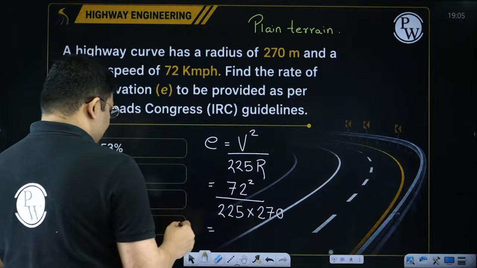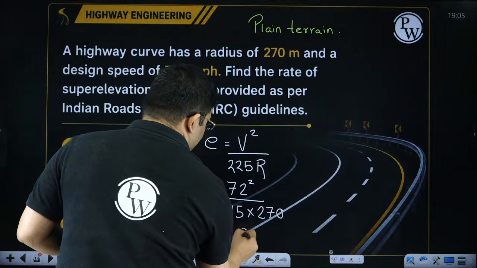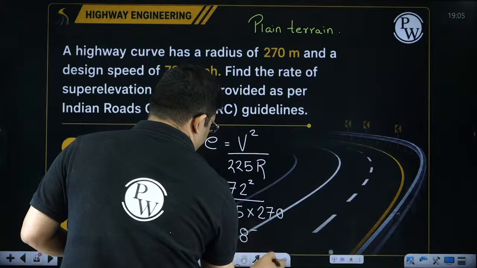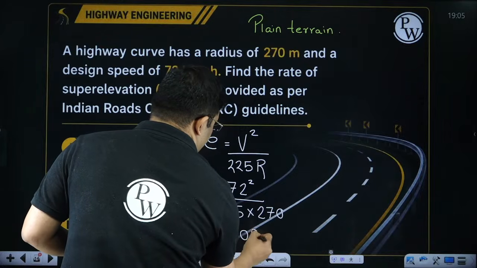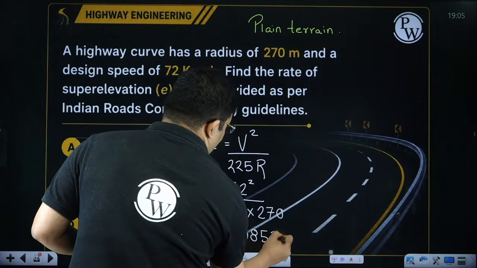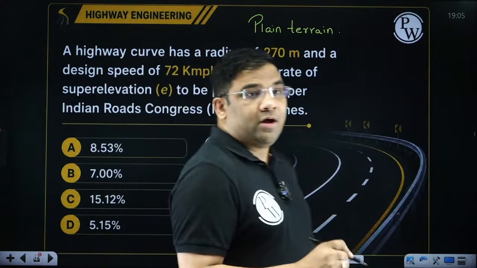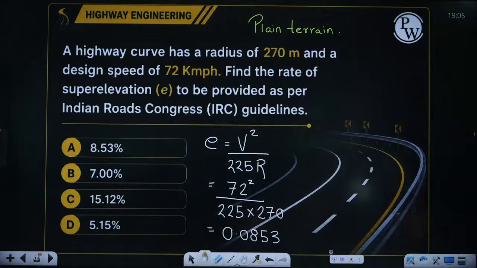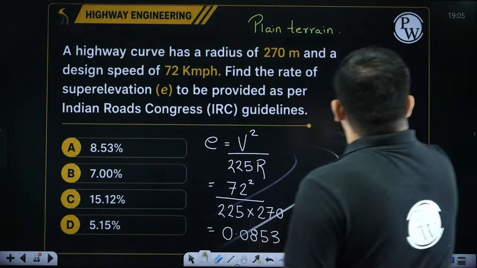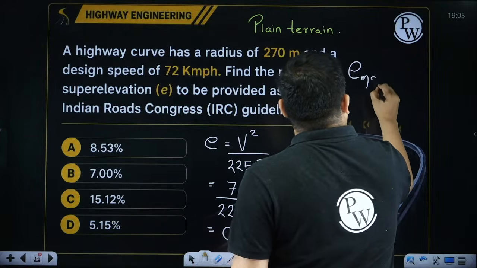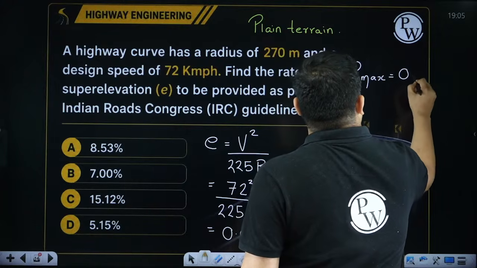I am getting a value of 0.0853. Now, since we have assumed plain terrain, in this case, what is the maximum E? The maximum E is 0.07.